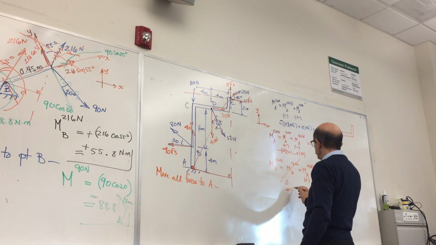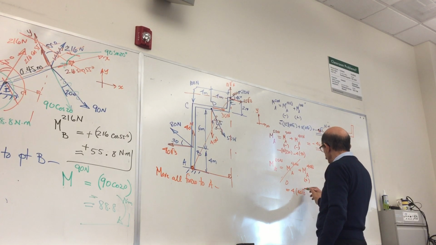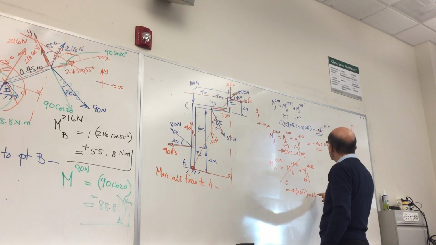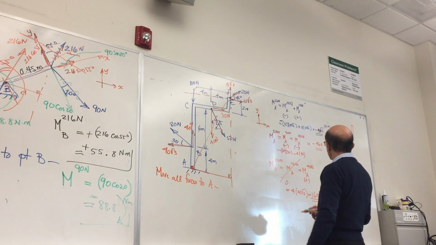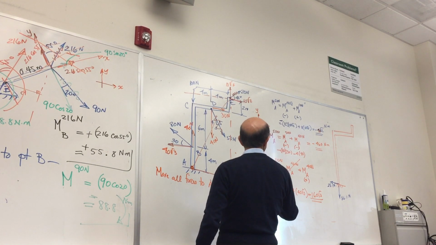So this is simply 4 times 40 square root 3, which is 160 square root 3.